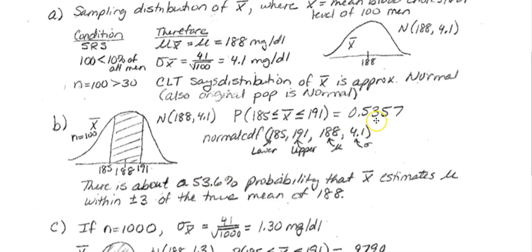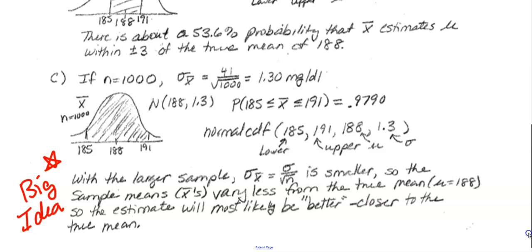So this is the answer. There's about a 53.57% probability that x bar estimates mu within plus or minus 3 milligrams per deciliter of the true mean. Now the next question asks, if n is 1,000, how does that change?